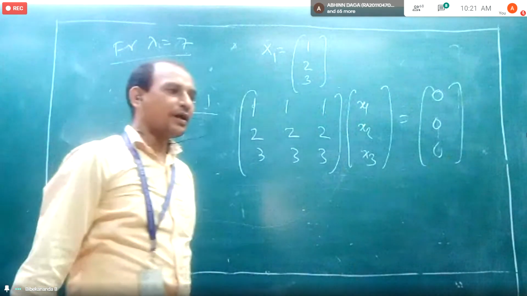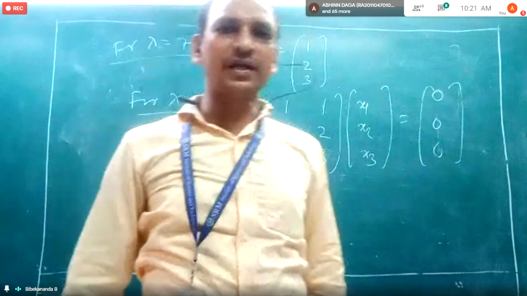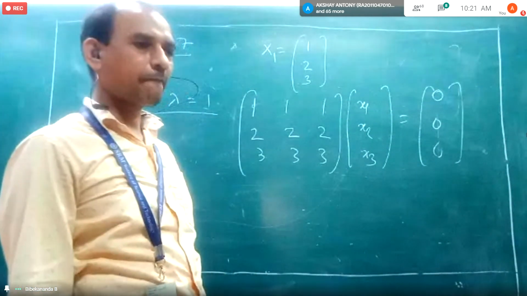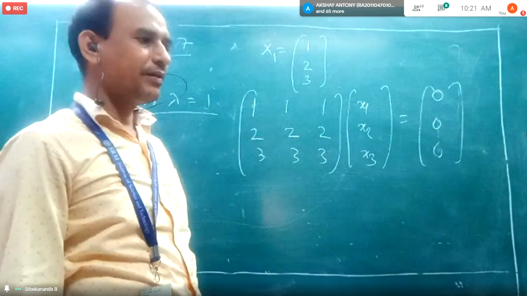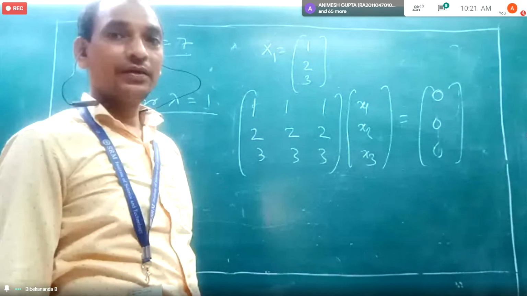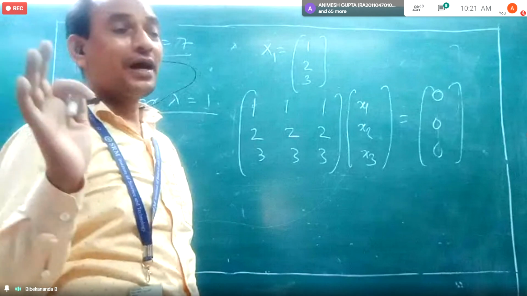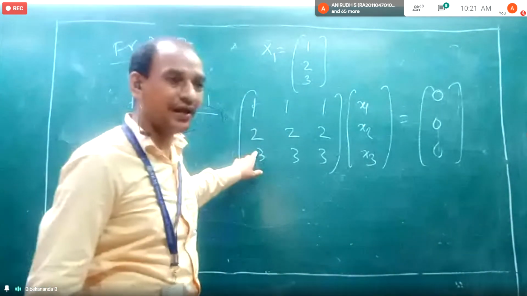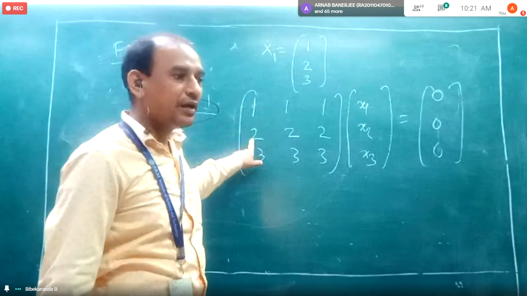Now, are you able to find whether any rows are dependent or independent? Yes, sir, the rows are dependent. All three rows are dependent.